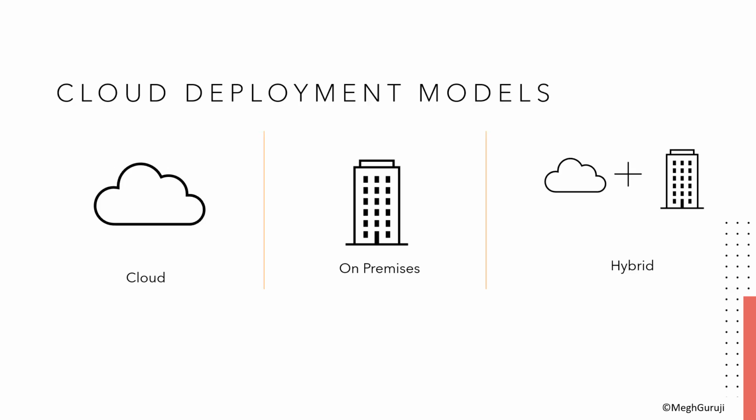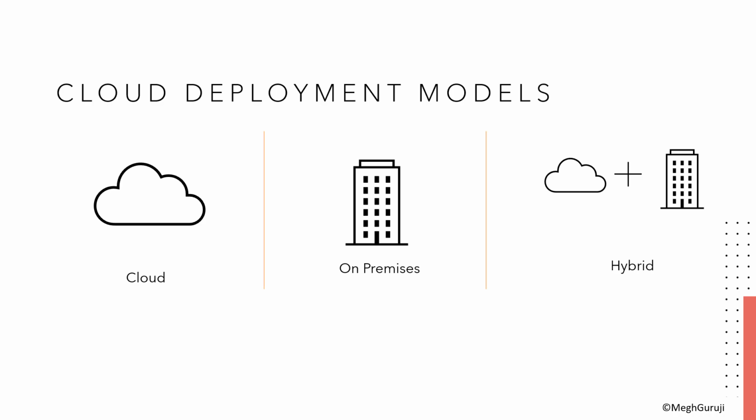Next, there are different cloud deployment models. The first is the cloud, where the deployment is done totally on the cloud. Suppose you have a data center and an application, and you migrate that application to the cloud. There will be nothing in your data center, everything will be in the cloud.